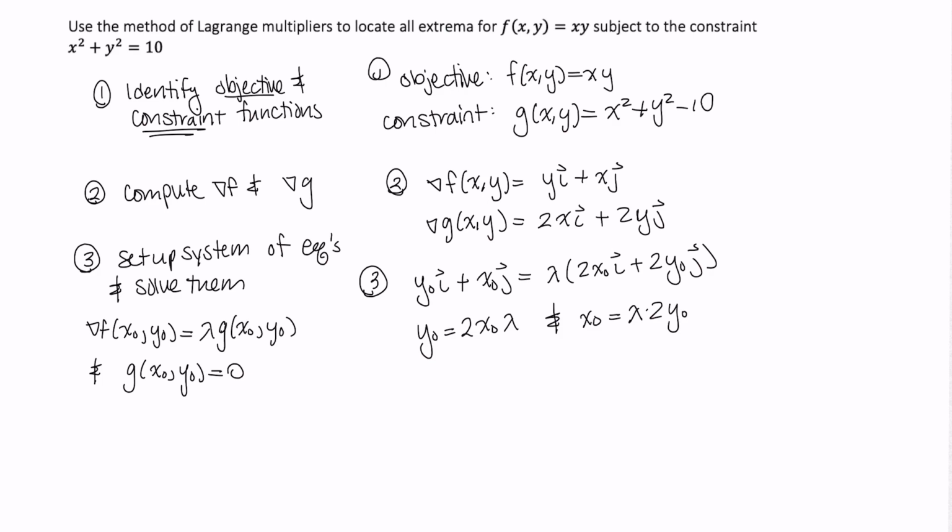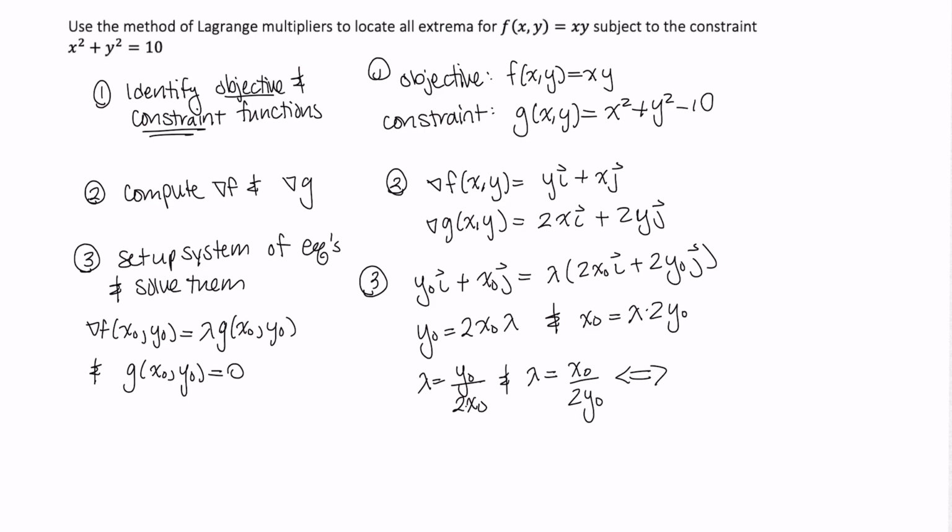So solving for lambda, I have lambda is equal to y naught divided by 2x naught, and lambda is equal to x naught divided by 2y naught.